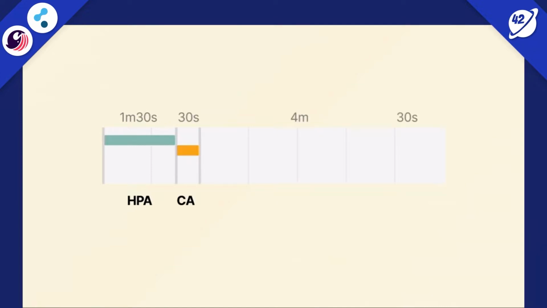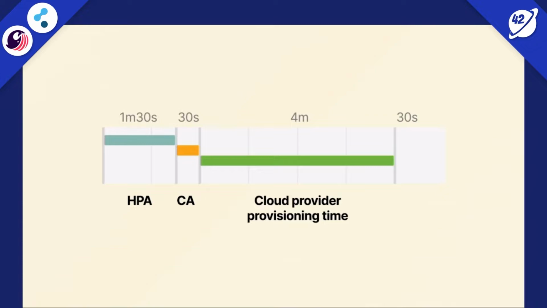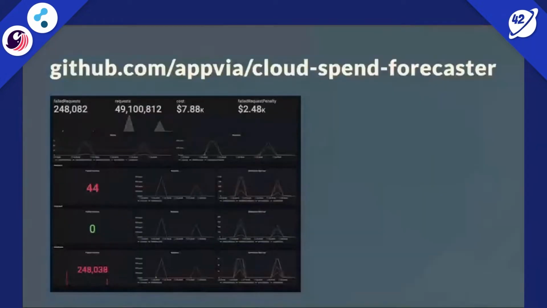Then the cluster autoscaler takes around, say, 30 seconds to request a new node from the cloud vendor. Then around 3 to 4 minutes for the machine to boot. And then around another 30 seconds for it to join the cluster and be ready to run workloads. Then you can, of course, add on time for pulling your container image that won't be cached on this brand new machine as well.